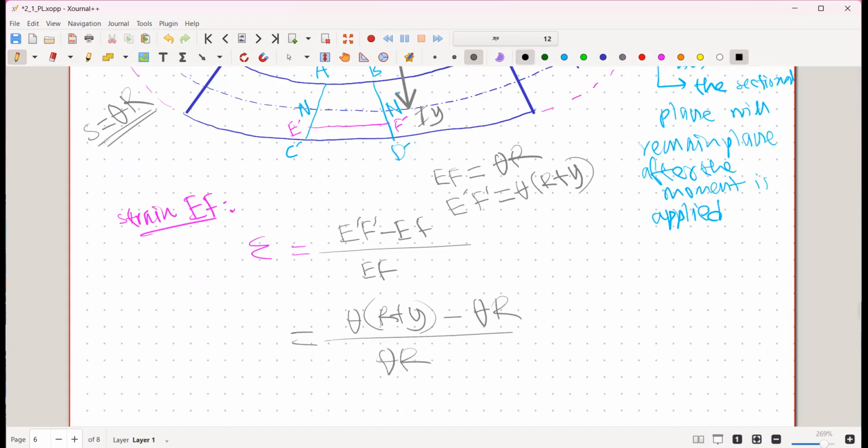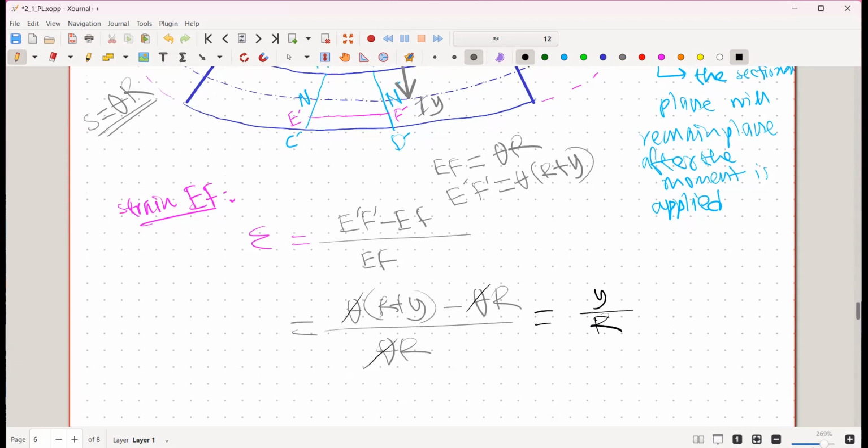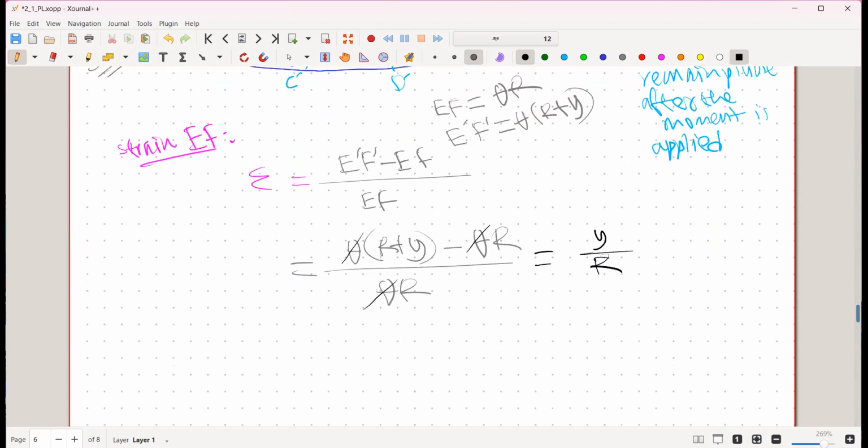Then you can see the theta term is cancelled out. So we are left with only y in the numerator, and in the denominator we get r. So we can say the strain is equal to y by r.